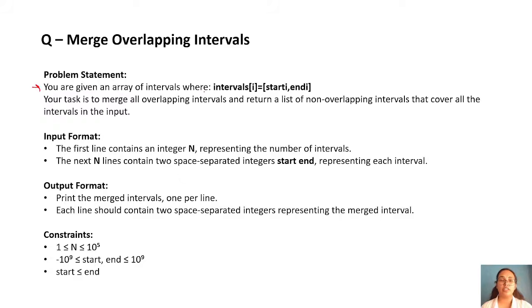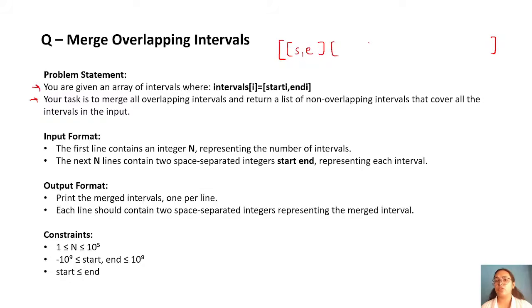You are given an array of intervals where intervals[i] equals start and end. So you will be having an array, and in your array you will be having intervals, and each interval will have a start and an end.